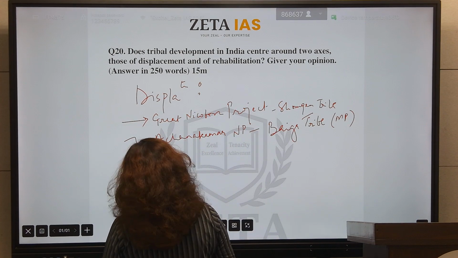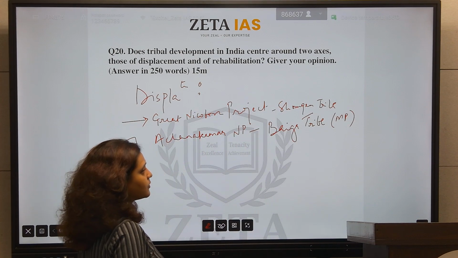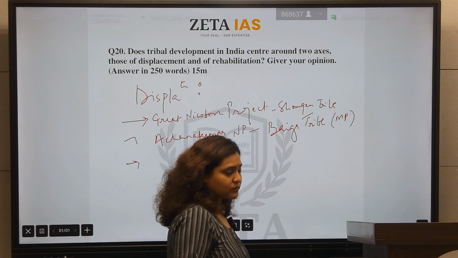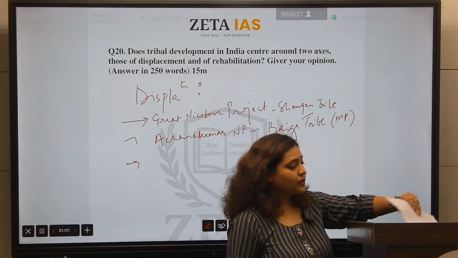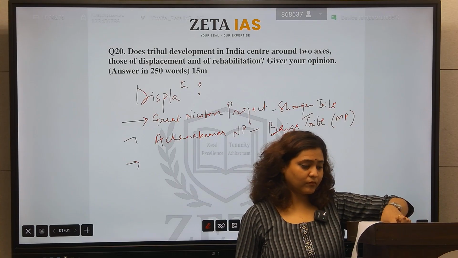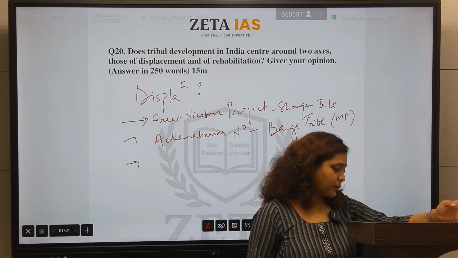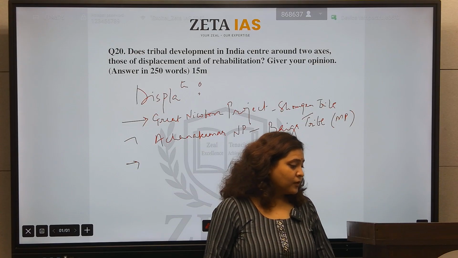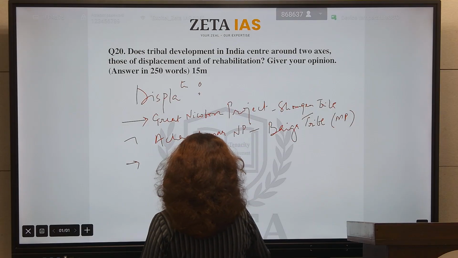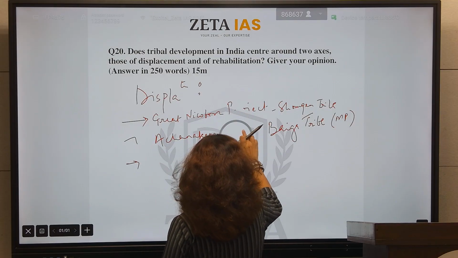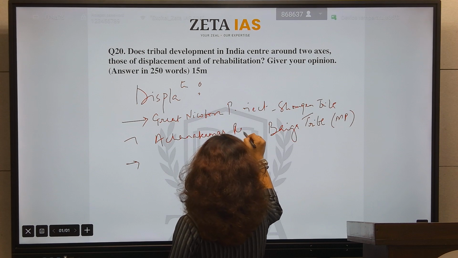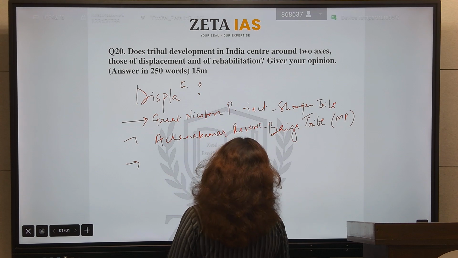And similarly, in the name of establishing coal fields, Kanakmar Reserve. Yes, it is a reserve. Okay. Kanakmar Reserve affected the Baiga tribes.